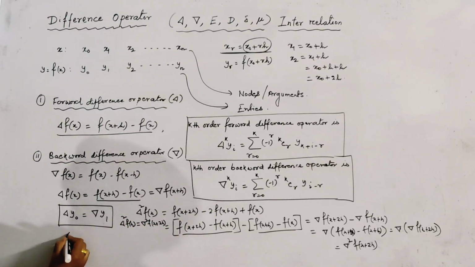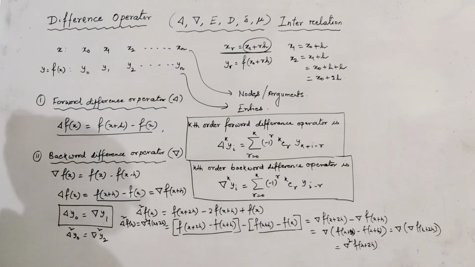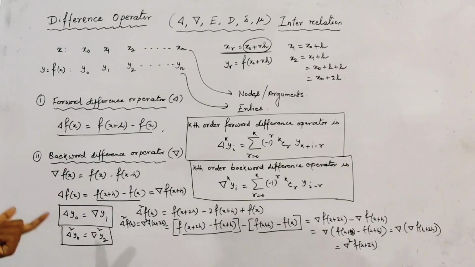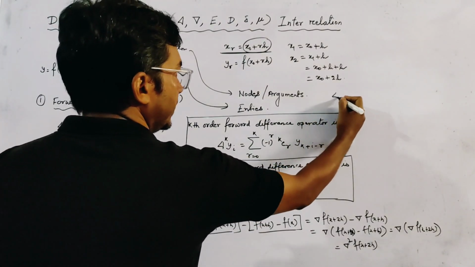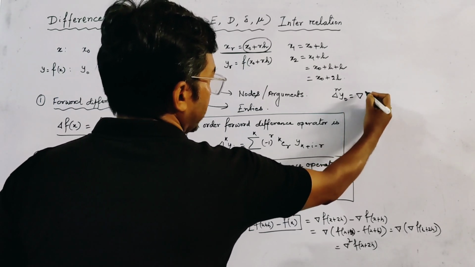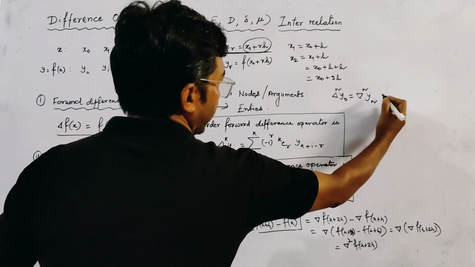So we get delta square y0 equal to nabla square y2. This is the relation between second order forward difference and second order backward difference. Proceeding in this manner, we easily get the relation between forward difference and backward difference of nth order. We get delta to the power n y0 equal to nabla to the power n yn.